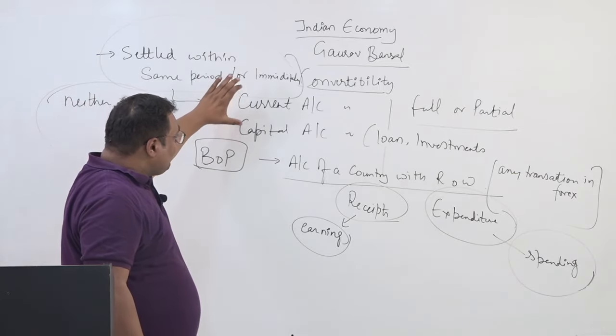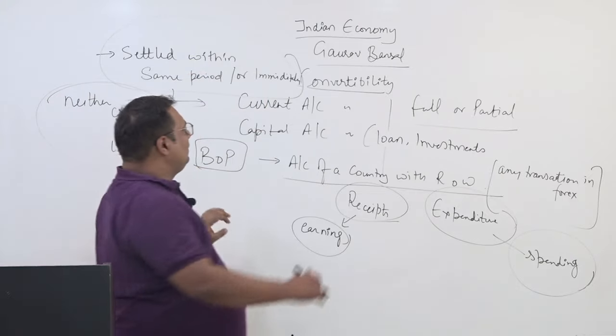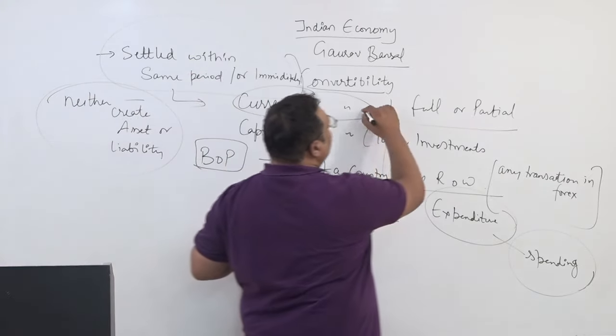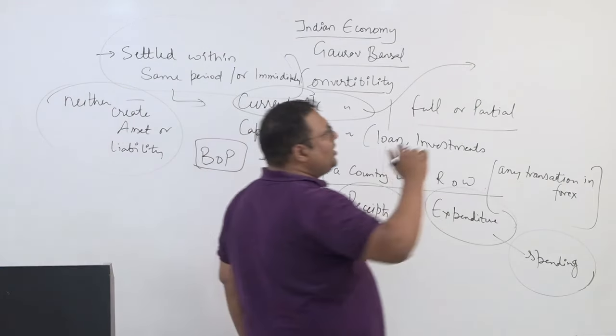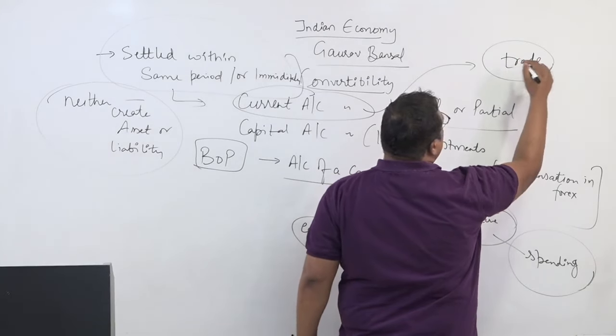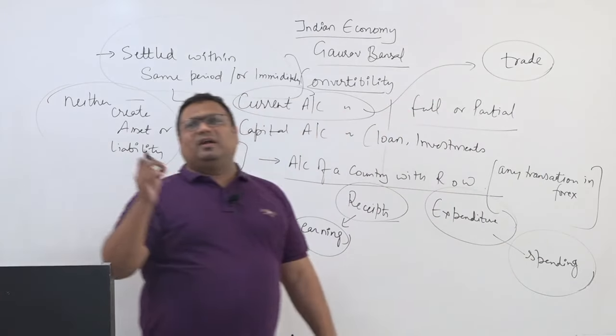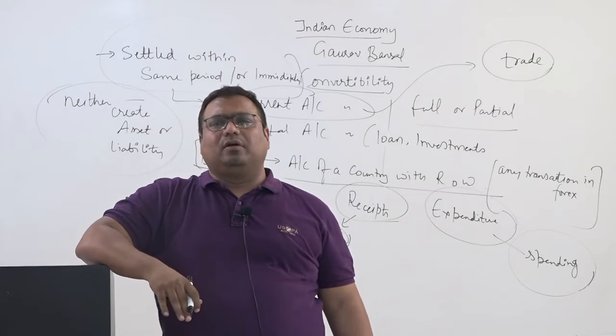Now, in the current account and capital account, we have different nature of transactions. In the current account, there are transactions which are largely related to trade. Okay, export and import. That is in current account, because when you export something, you get money, the transaction is settled.